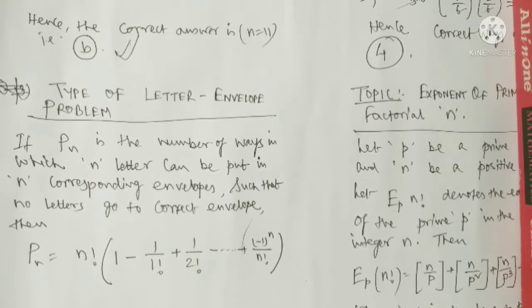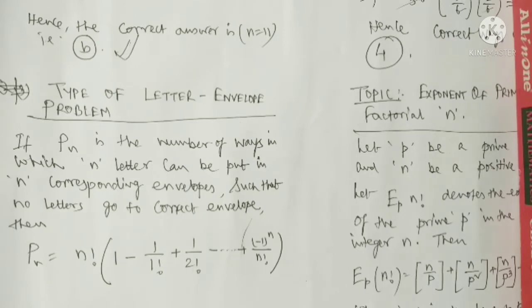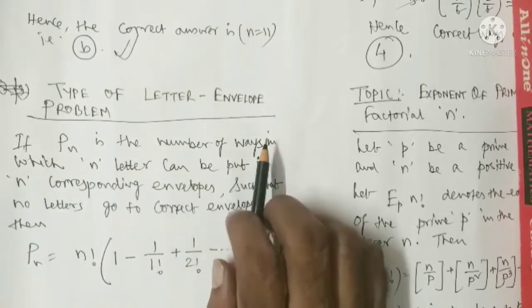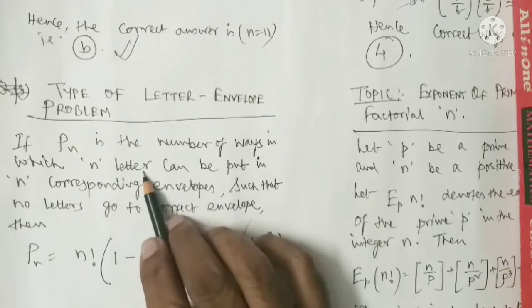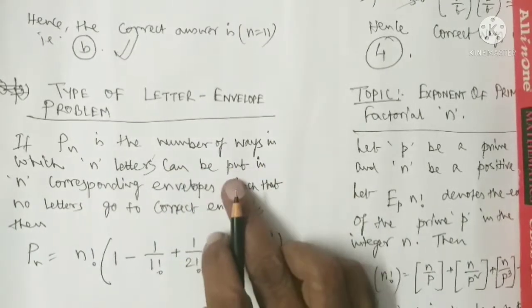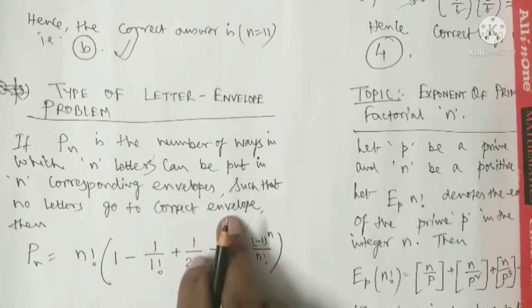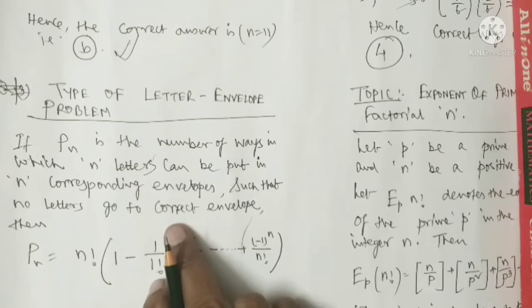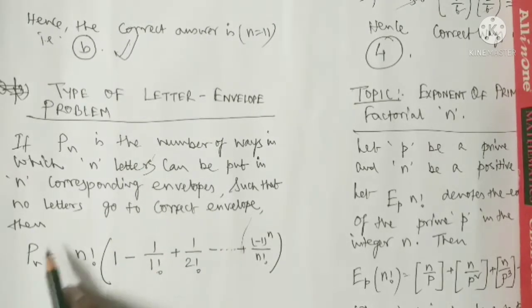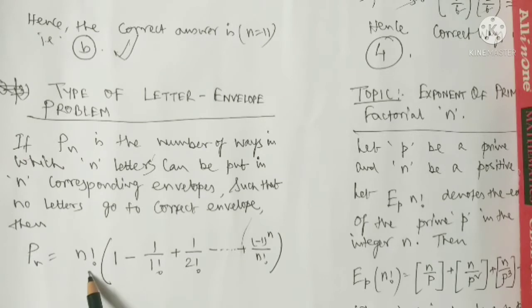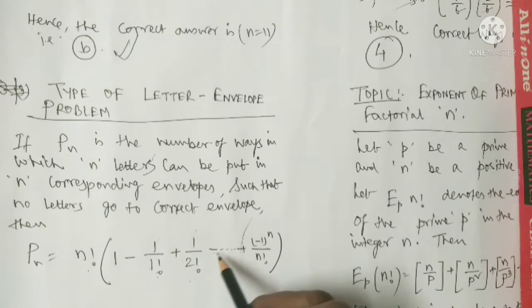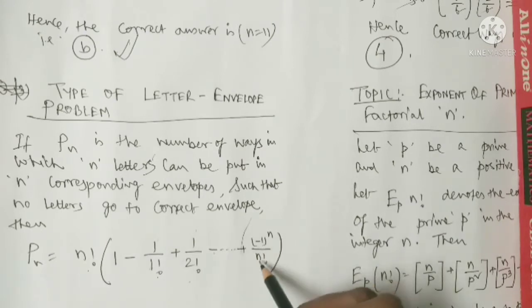Now we discuss a special type of problem: the letter envelope problem. If Pn is the number of ways in which n letters can be put in n corresponding envelopes such that no letter goes to the correct envelope, meaning all letters are put in the wrong envelope, then Pn = n! (1 - 1/1! + 1/2! - ... + (-1)^n/n!).